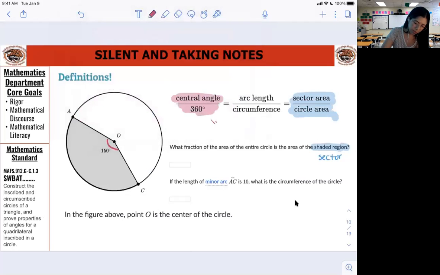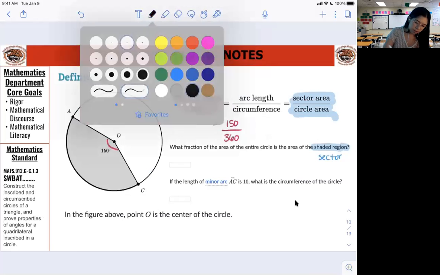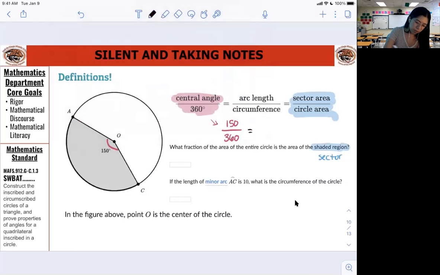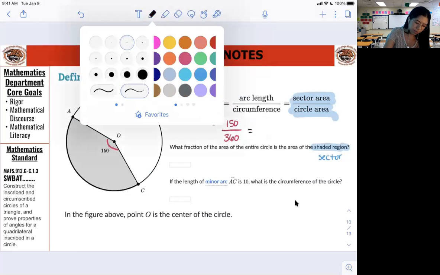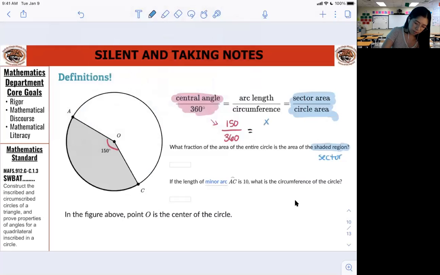So we know this is 150 over 360. We don't know the sector area, so that's our x. Do we know the circle area? No. Hold on a second. Oh, I see. Okay, read it carefully. What is it asking?